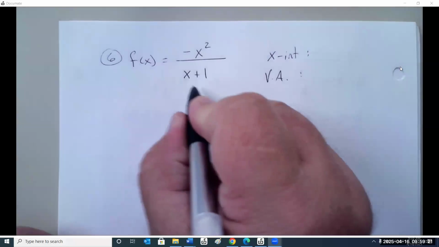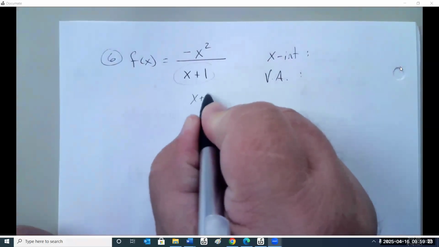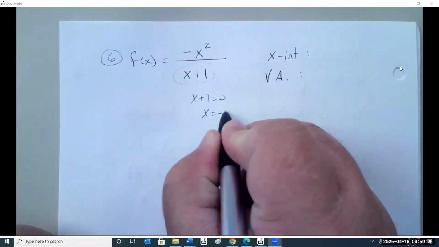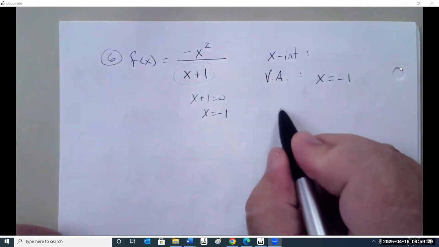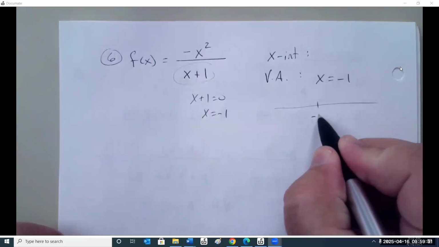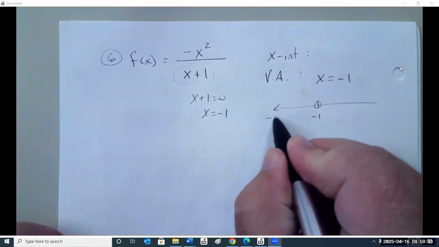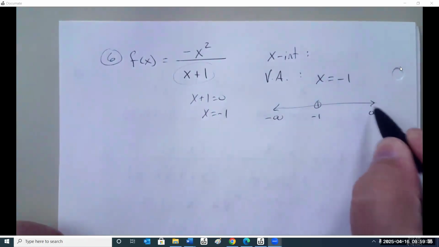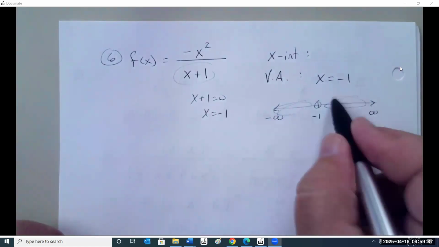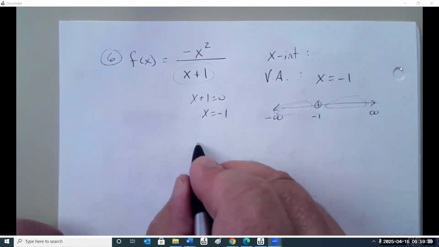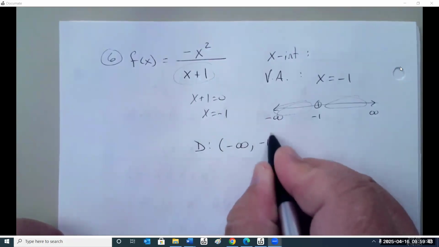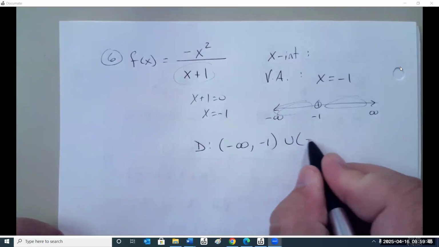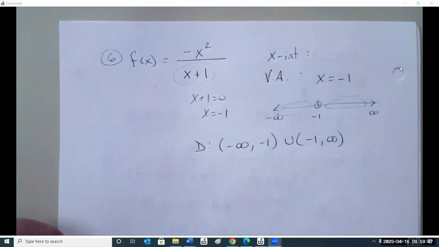Right. Take the bottom, set it equal to 0. So x equals negative 1. So that's a number I cannot use. So my domain is from negative infinity to negative 1, union negative 1 to positive infinity.